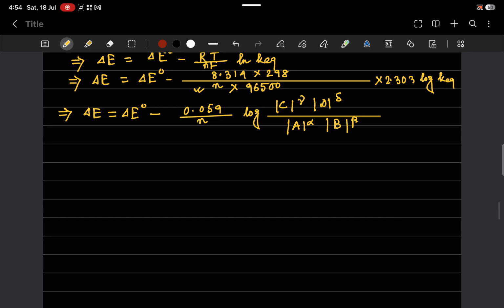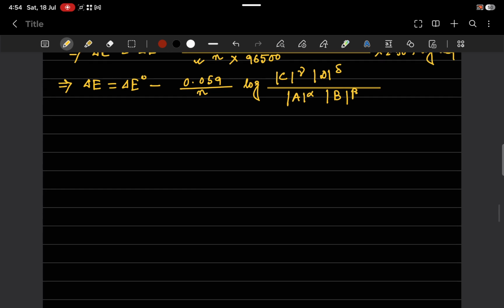Okay, so let us try to understand a very important concept. Let us consider one very common organic reaction. Before going to that, I would like to introduce one very important equation.